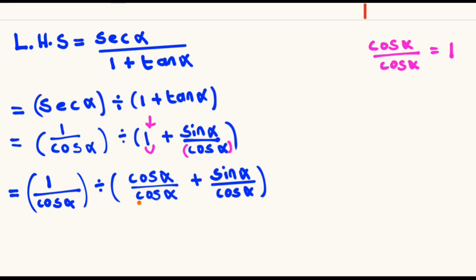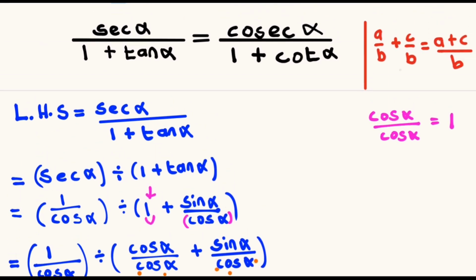Since the denominator here and that denominator are the same, we are going to express it the way that we expressed a divided by b plus c divided by b, which was equal to a plus c, all of which was divided by b.